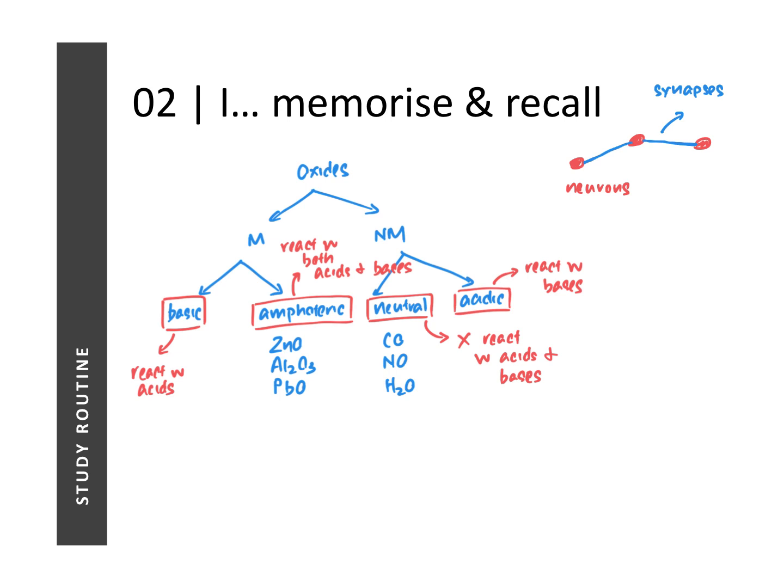weak. But when you try to recall it a second time, you're strengthening these synapses. And if you try to recall that new knowledge multiple times, the synapses become very strong, and it becomes very easy for you to recall that information.